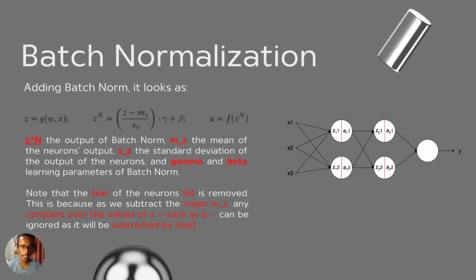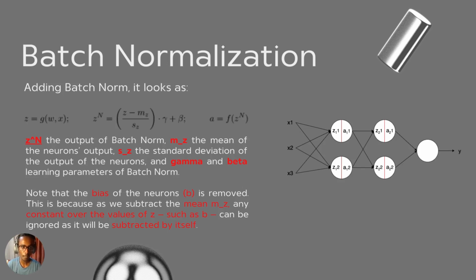We divide by the standard deviation, multiply that by a parameter called gamma, and add another parameter called beta. That's just batch normalization. Then we feed the output Zn, the output of the batch norm, into the next activation function, and we apply the sigmoid function.